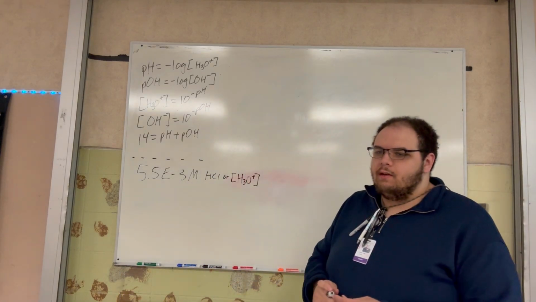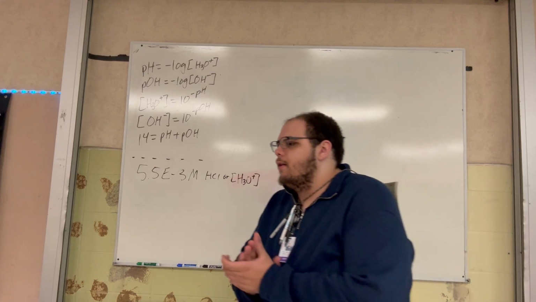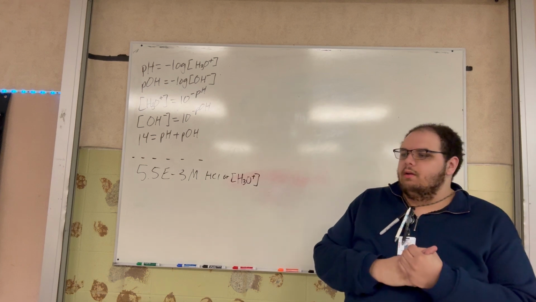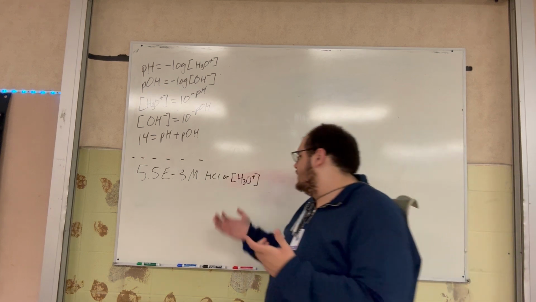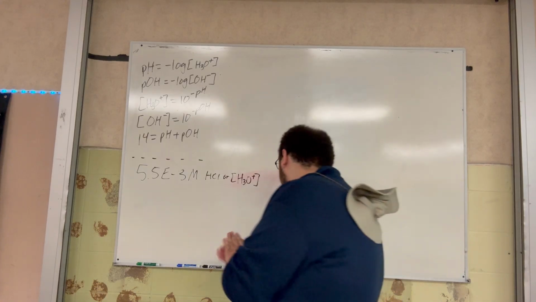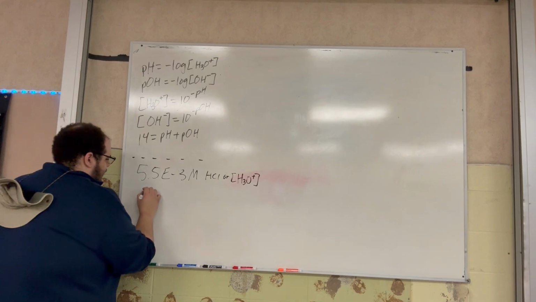So if you're given a molarity, a concentration of an acid, that's your concentration of hydronium. If it was a base, then we would use OH minus. Cool? Cool. What am I solving for? pH. We're solving for pH.